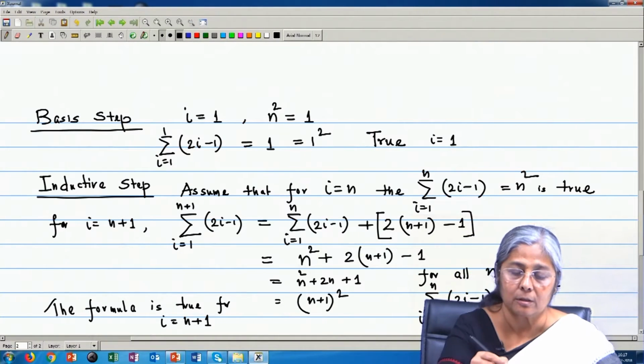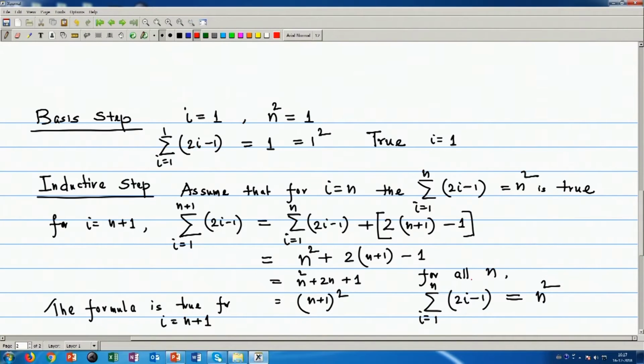So, it is proved. For all n this formula is true. This is how we normally use mathematical induction to prove a simple mathematical formula.